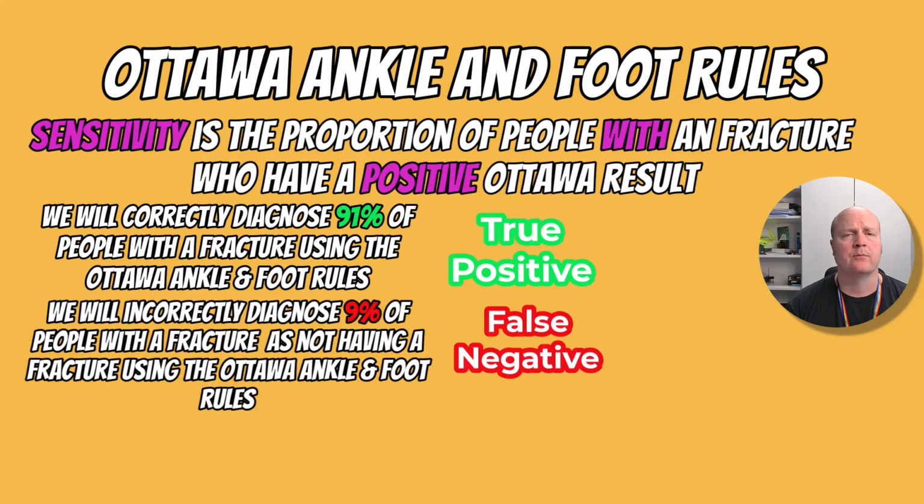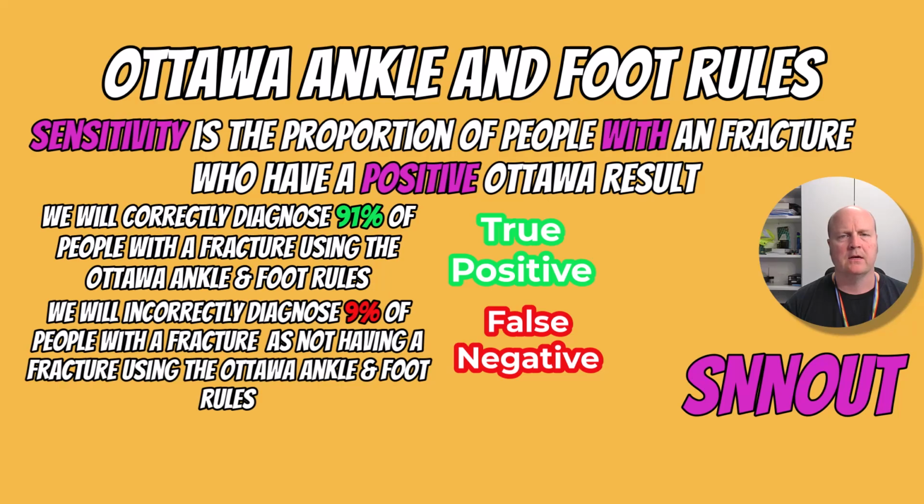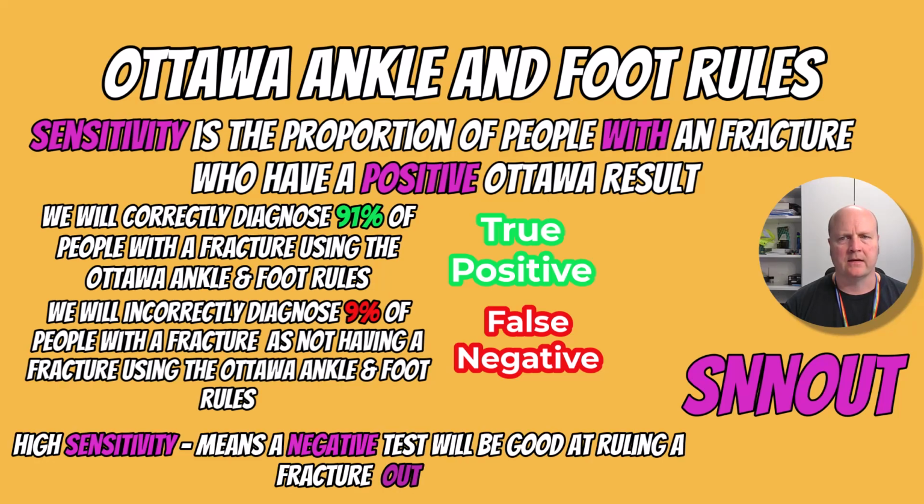So we're going to get approximately 9% false negatives. It's quite good, but not as good as our knee rules. It's still strong for ruling out ankle fractures when negative, because remember, SnOut. Sensitivity, if negative, is good at ruling out a fracture.